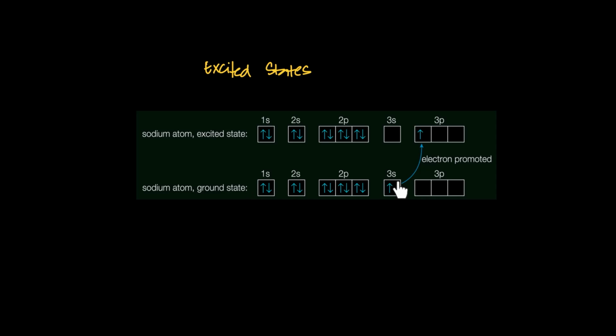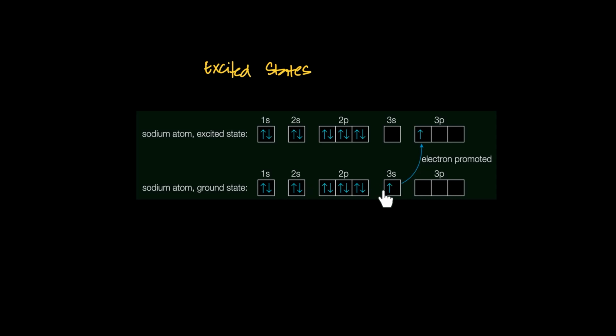Now the idea is that the electron in the 3s or any other electron can absorb a certain amount of energy and get promoted to the higher level. Understand that the 3p is at a higher energy than the 3s. We draw them horizontally because they're easier to draw, but we know that as we go from left to right, the energy levels are increasing because they are further away from the nucleus and the energies are greater.